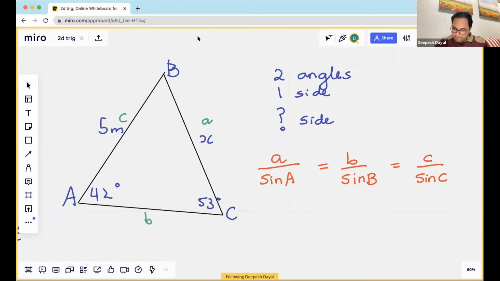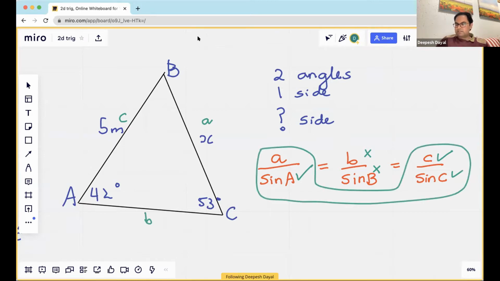Do I have a? Nope, I don't have a. Do I have angle A? Yes, I do. Do I have b? Nope, I don't. Do I have angle B? No, I don't. Do I have c? Yes, I do. Do I have angle C? Yes, I do. So which two ratios can we use? We can use this ratio here and this ratio here. Can you see that? So we can use these two ratios to find what we are looking for.